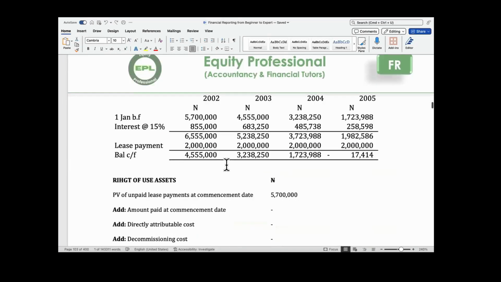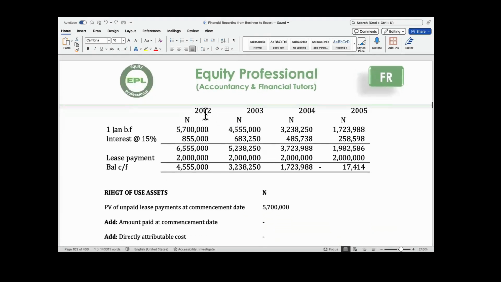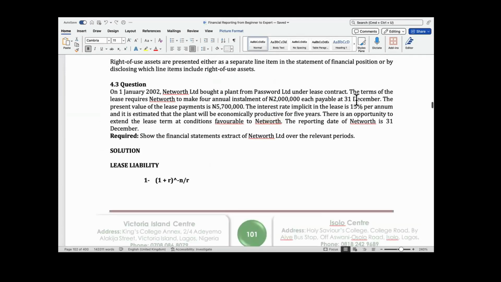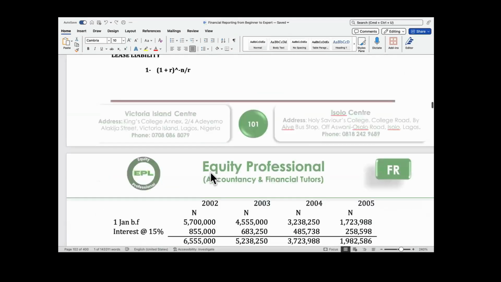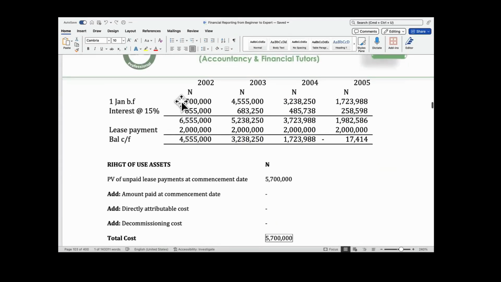So what happens at the end of the year? Let's start from 2002. At the end of 2002, we'll have balance brought forward of 5.7 million. You add the interest at 15%, the discount rate. We simply apply that 15% on 5.7 million.